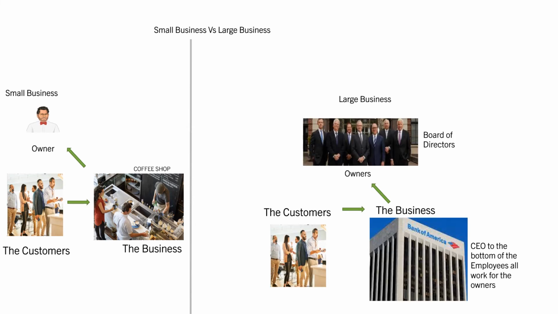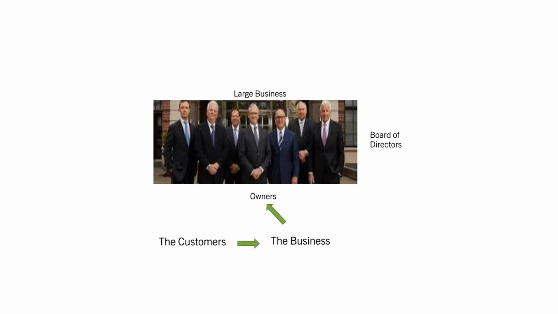So let me put some pictures here to represent what that big business looks like. A lot of people have heard of a board of directors, but they have no idea what that really means or where that fits in the grand scheme of things. But now you do. As you look at the schematic here, you can see that the owners, the board of directors represents the shareholders.